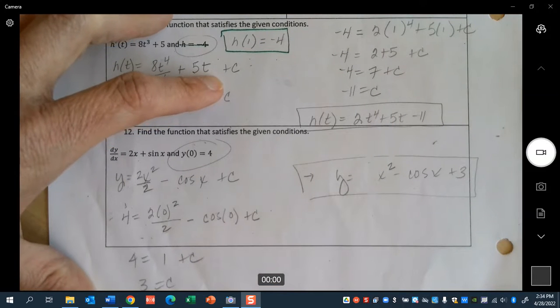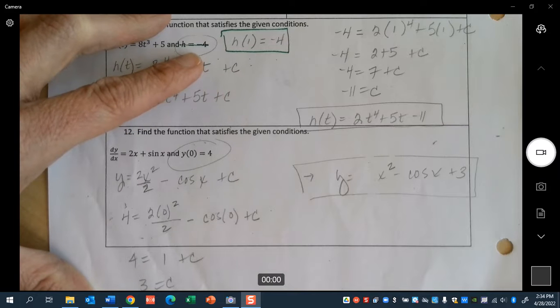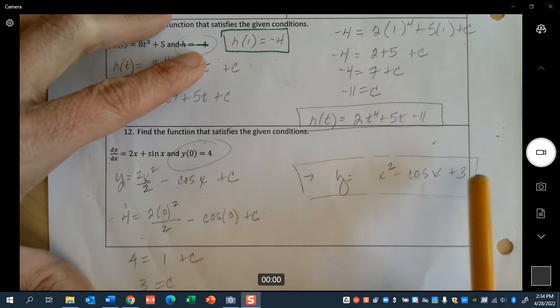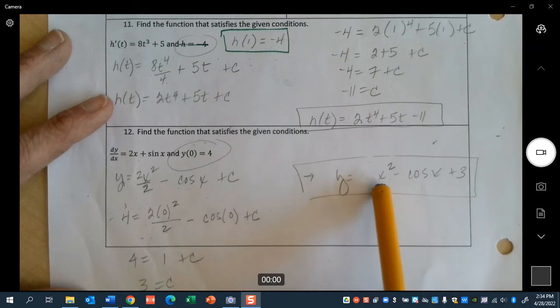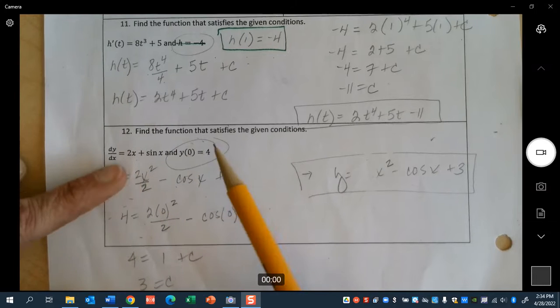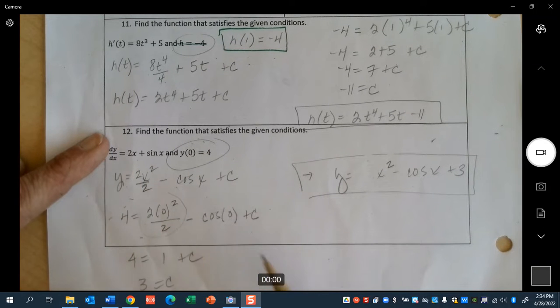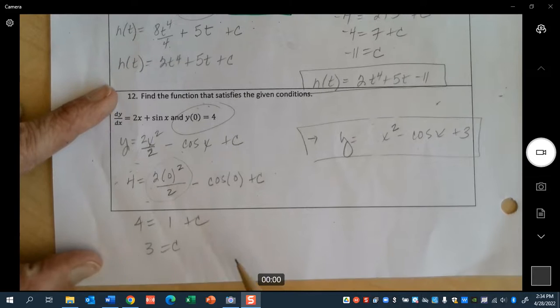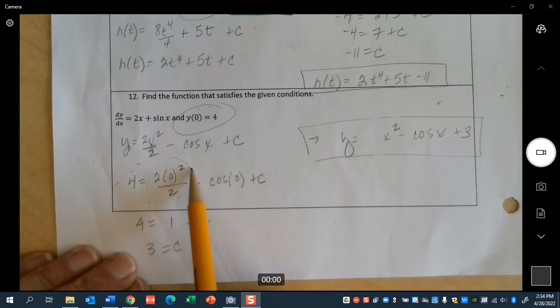Why would it be plus 5? Because your z equals 5. Oh, no, I plugged it. I think I'm okay with the 3. Wait, where'd you get your 3? Because when I plug in 0 for my input, this whole value is 0. See this whole value here? Right, that's 0.